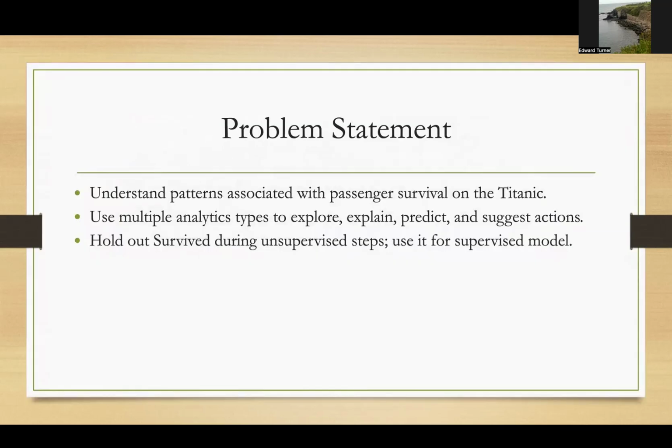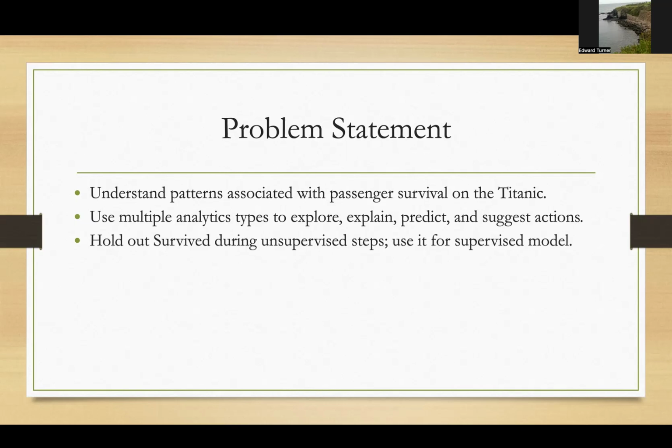So, first off, let's try to establish the problem statement so that we understand where exactly and how exactly we're going to analyze this information. We're going to understand patterns that are associated with the survival of a passenger on the Titanic. We're going to explore multiple analytic approaches.